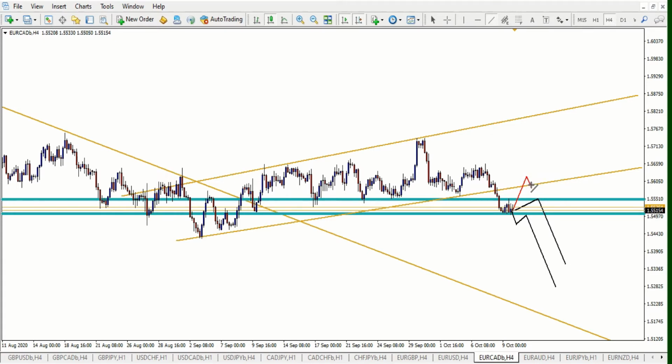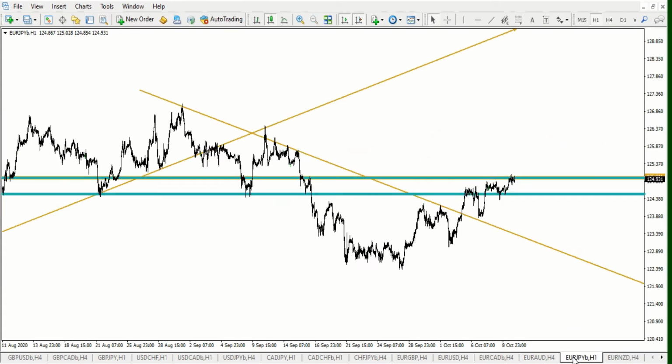The first area could be in this channel, this uptrending channel zone, or the second area of the retest could be at this key support resistance zone right there. Then the market could potentially break back in, retest down there, and then move back up. But yeah, that's the invalidation of the sell. All right, so that's what we're looking for the EURCAD.